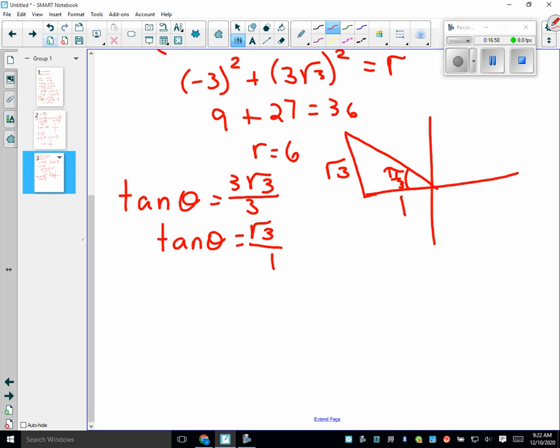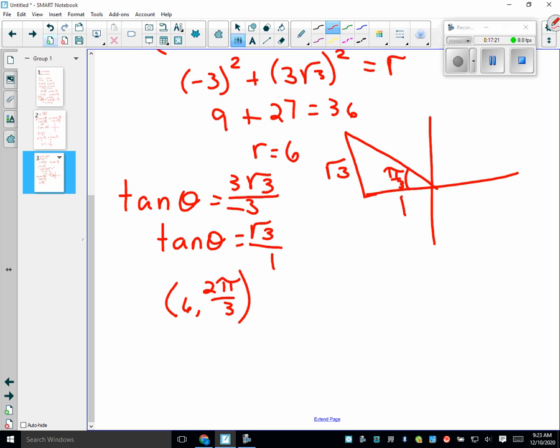So what is theta? 2 pi over 3. So my answer is 6, 2 pi over 3. Does it make a difference since one should be negative? No, because it would have been here.